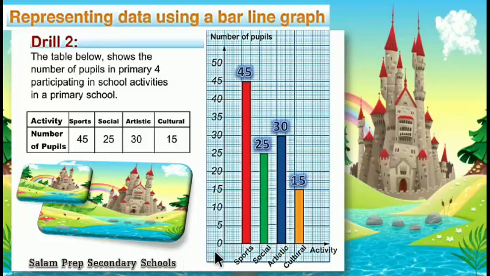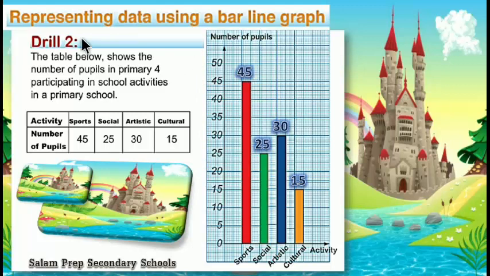We must start with 0, 5, 10, 15, 20, 25, 30, 35, 40, 45, 50. Please take care. We will put each number for each big square, okay? Begin with 0 and jump by 5 for each square, okay?